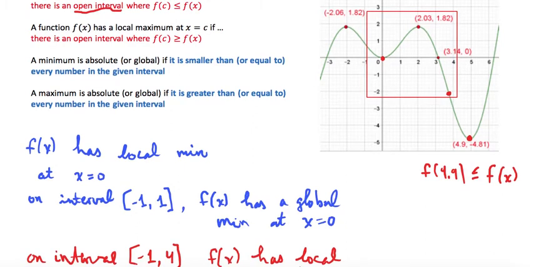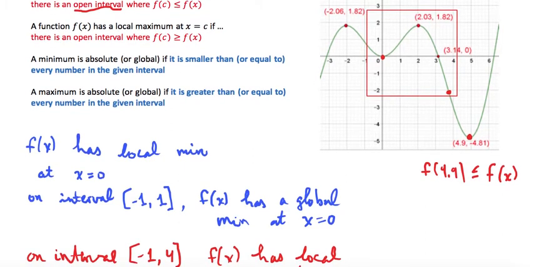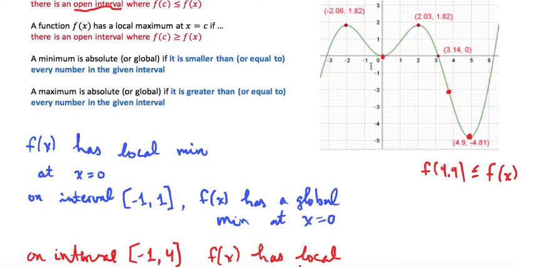If we look at the entire domain of f of x, so if I were to, let's say, get rid of this box right here, and look at the entire domain, which is from -infinity to +infinity, then f of x has no global or local minimum or maximum.